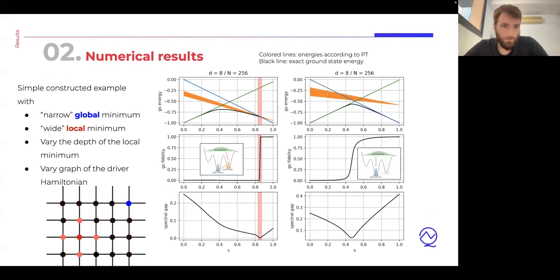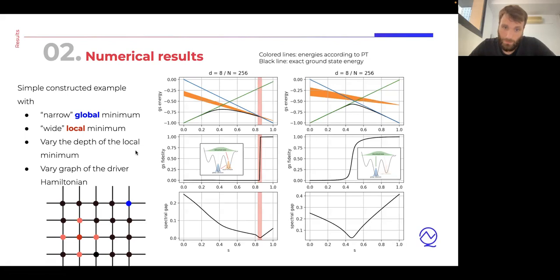Just to give some numerical results. We investigate our equations using a toy problem. Namely, we generate a regular graph at random, and somewhere in this graph we place a very narrow global minimum, and somewhere else in the graph, in a disjoint region, we generate a randomly shaped and arbitrarily deep local minimum.